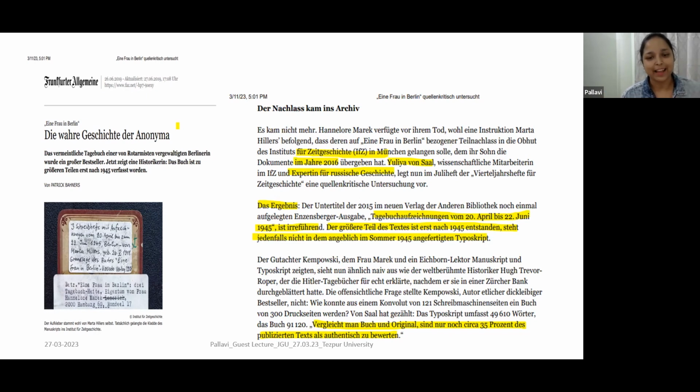So truth claims and controversy are always attached. This is the recent 2019 controversy, where it has been said in this article that only 35% of the diary was written during 1945 and the rest was written after 45.